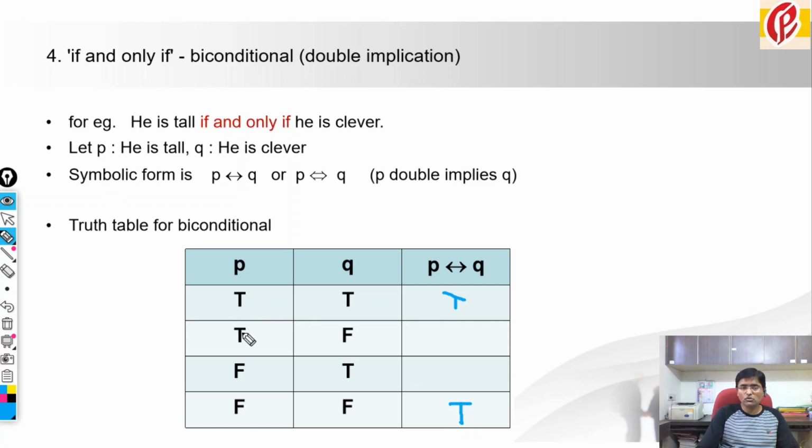If one of them is false, then the double implication is false. Remember this. In a double implication or biconditional, or if and only if, the truth value is like this. If both are true, then the truth value is true. And if both are false, then the truth value is also T. If one of them is false, then it is false. So this is the truth table for biconditional statements.